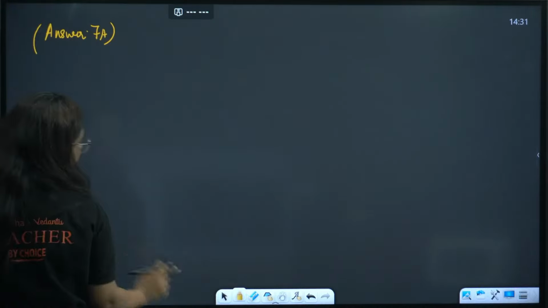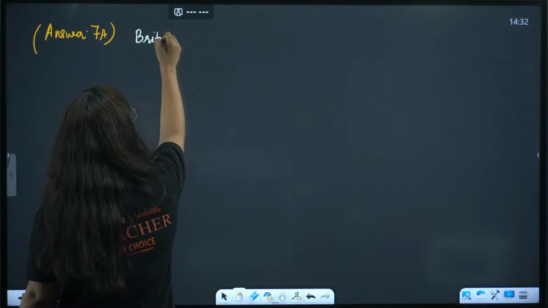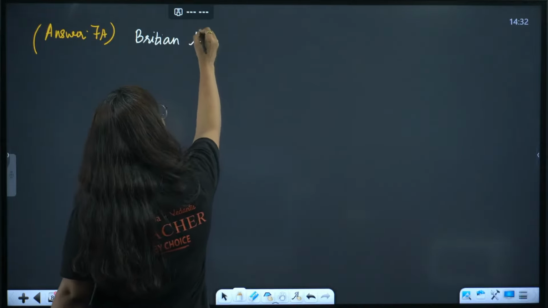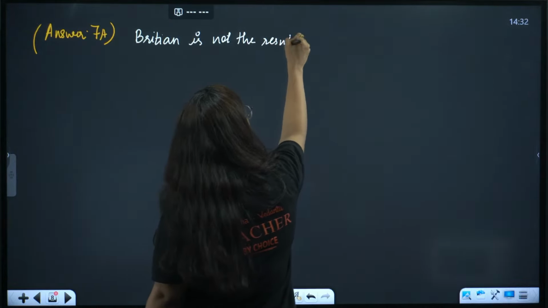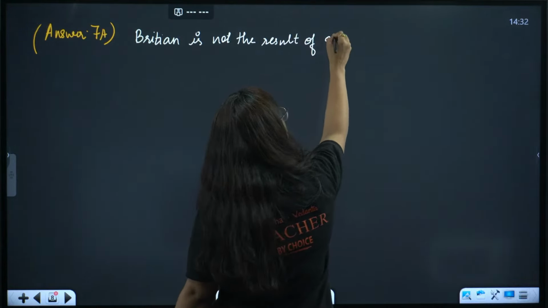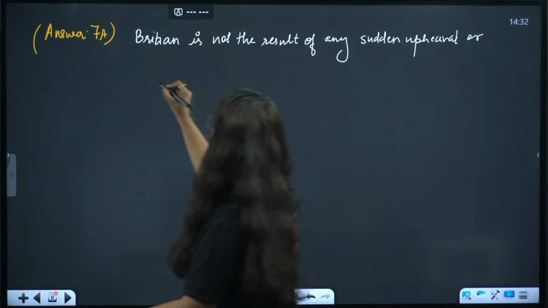We are aware of what statement is given in the question, so we will write it as an intro: Britain is not the result of any sudden upheaval or revolution.